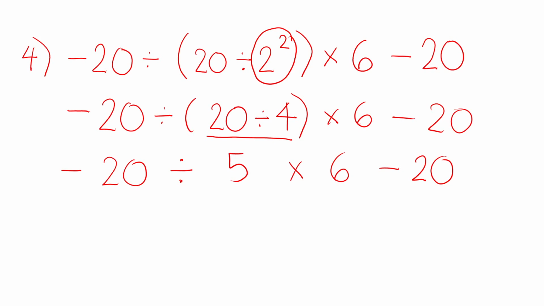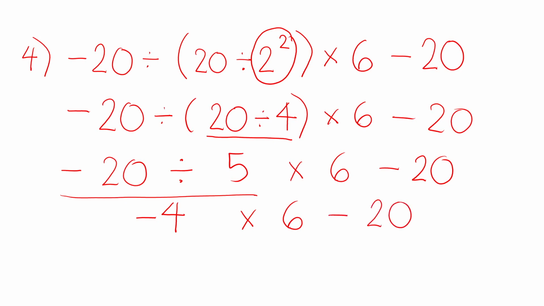Divide. So the first one is division, because division comes first here. Now, what is negative 20 divided by 5? Is it negative 4 or positive 4? Negative 4. Correct. Times 6 minus 20.